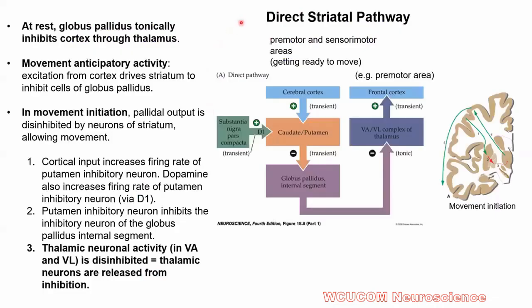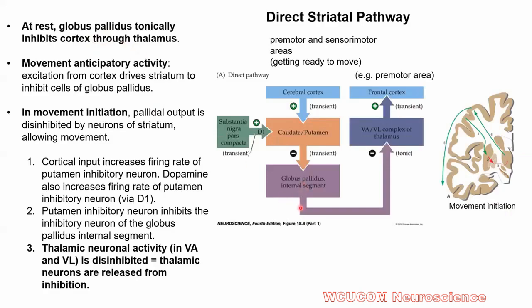But for the most part, we will focus on the direct and the indirect, such that we look at the direct pathway first. And again, the idea is that we're looking at movement initiation, understanding that under baseline conditions, at rest, the globus pallidus internal segment inhibits cortex through thalamus.